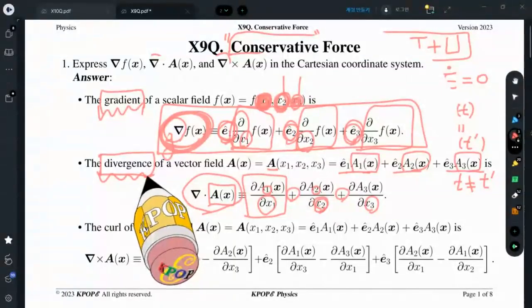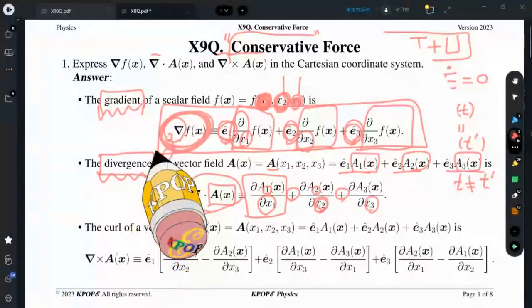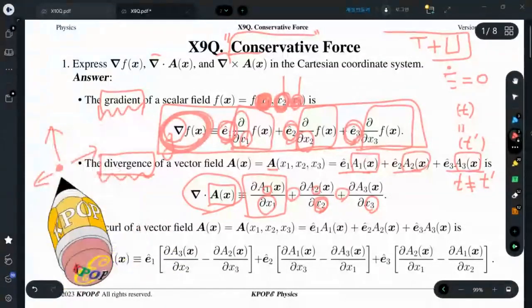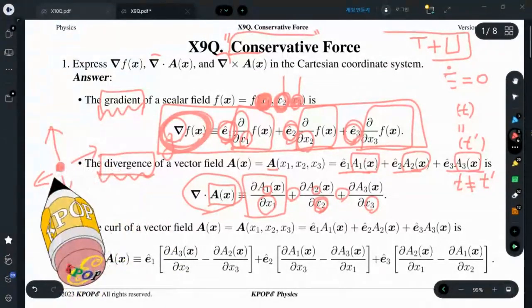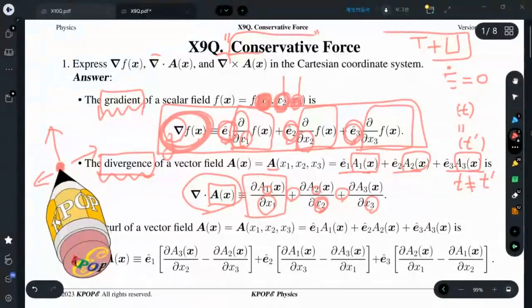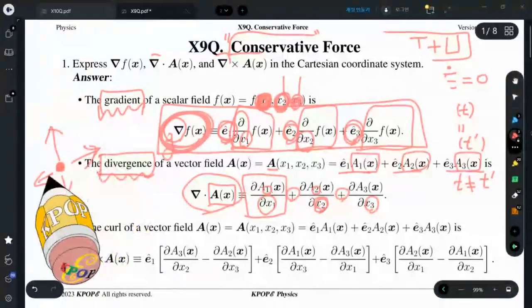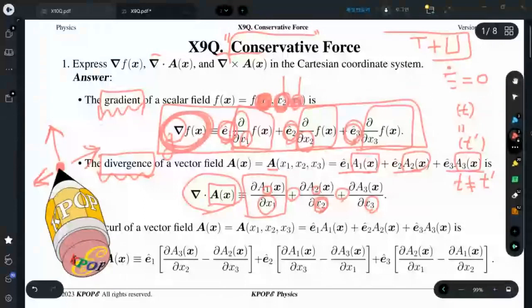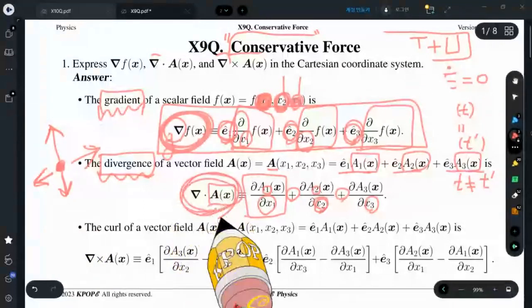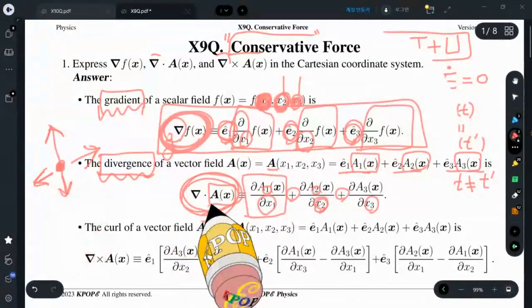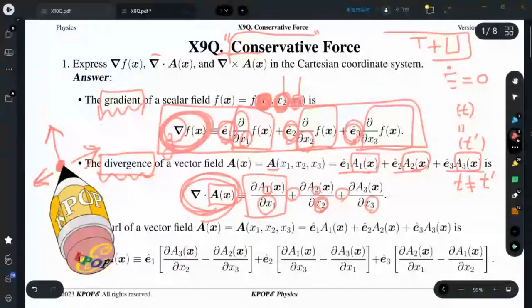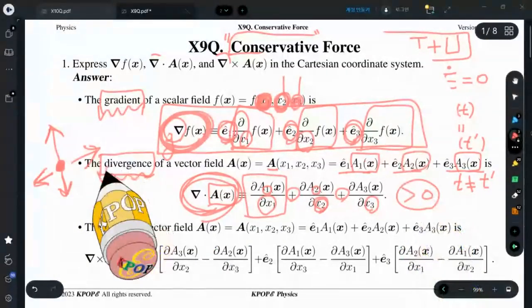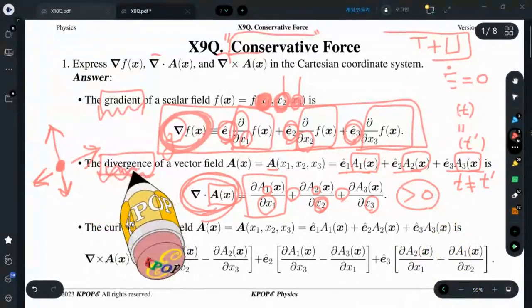Divergence is very important to find whether a vector field is emitting from some point. For example, electric charge is there, that electric field is diverging from a single point. This operator shows that if it is the case, this divergence is positive, diverge.